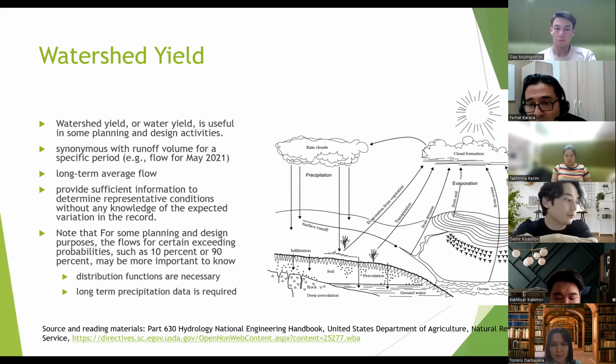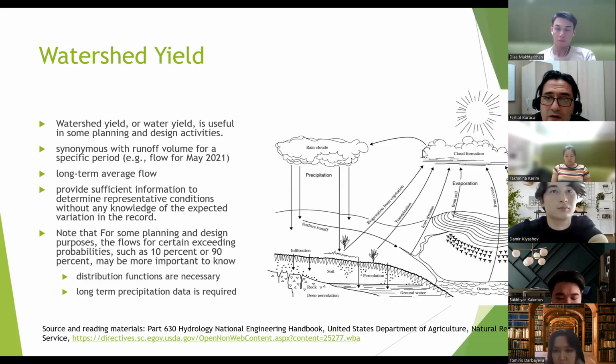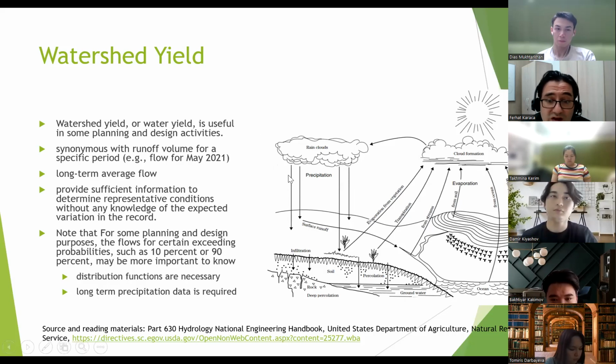If you would like to make a dam to hold some water for irrigation, or for water supply for cities or towns, first thing is first, you should analyze how much water you can hold in that watershed. So while we are making this calculation, the main principles and mechanisms of the water movement, or the water cycle, are critical.